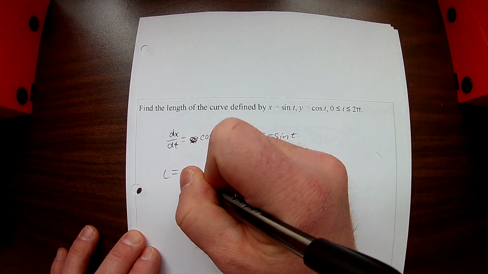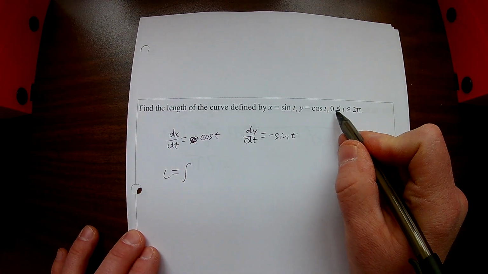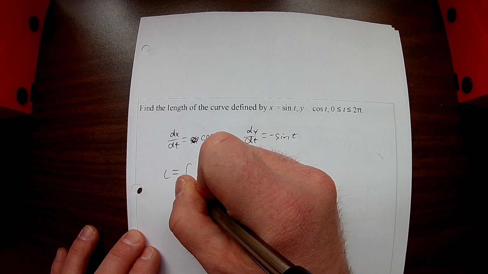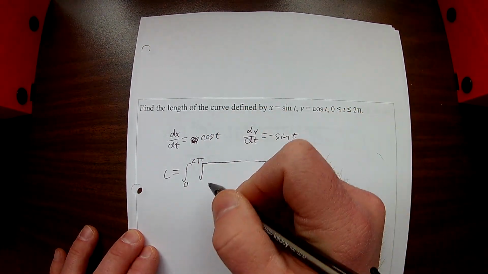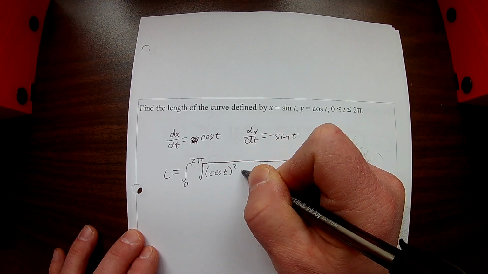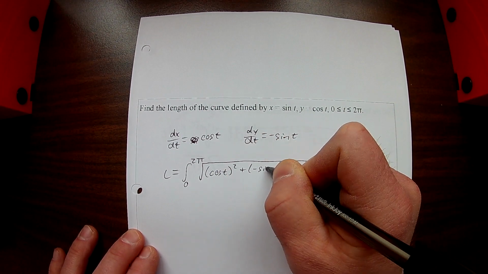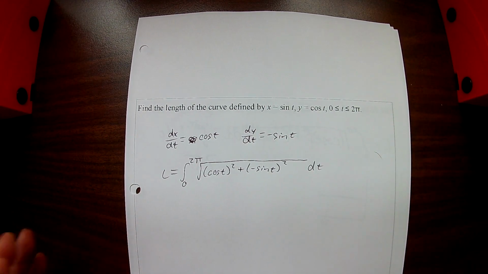I plug it into the formula. Arc length is equal to the integral from t1 to t2, 0 to 2 pi, of the square root of cosine of t squared plus negative sine of t squared dt.